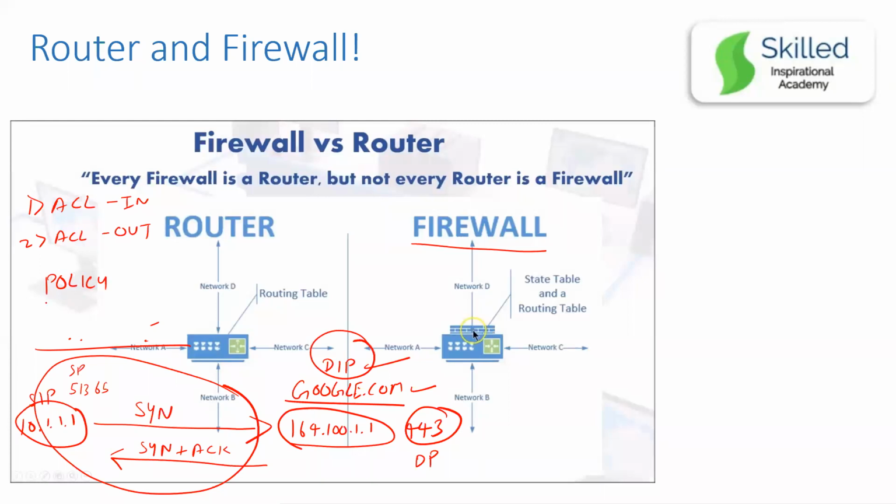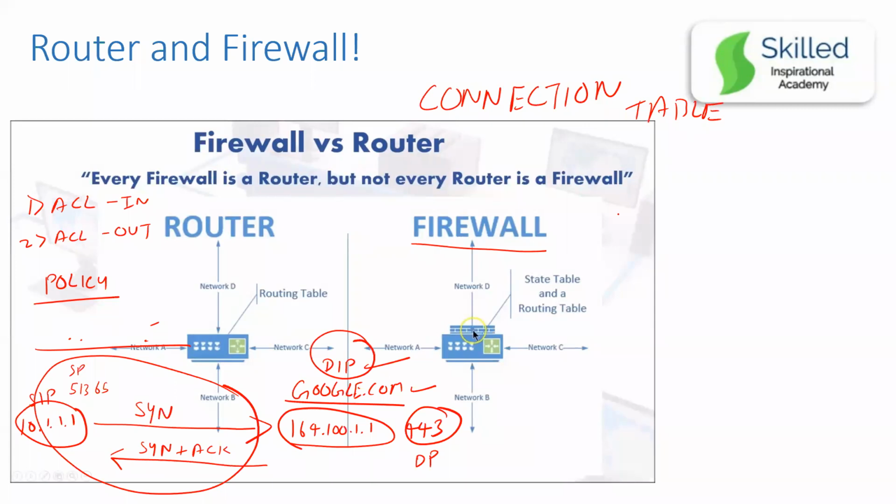Okay, and that one policy would be able to allow the traffic from inside to outside as well as from outside to inside. Now, how is the firewall able to do this? See, the firewall is able to do this by the help of something which we have already discussed a little. It's called a connection table, right?